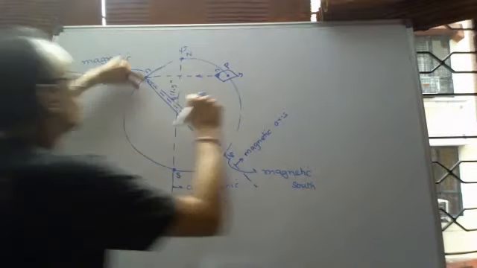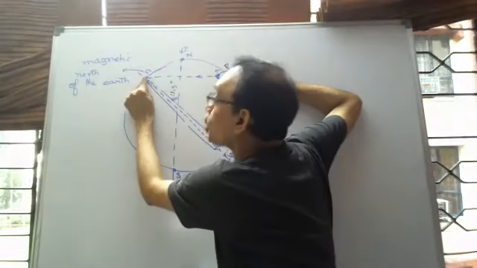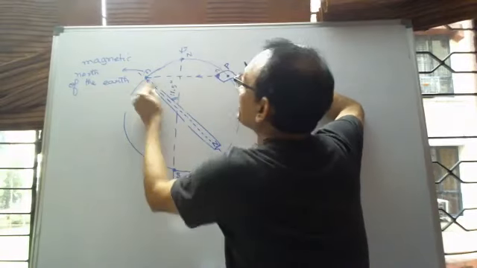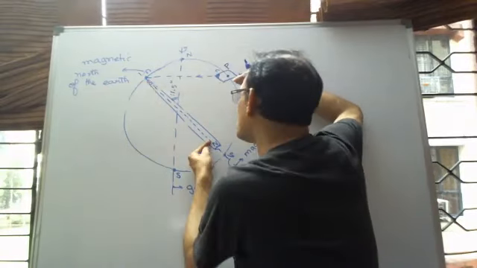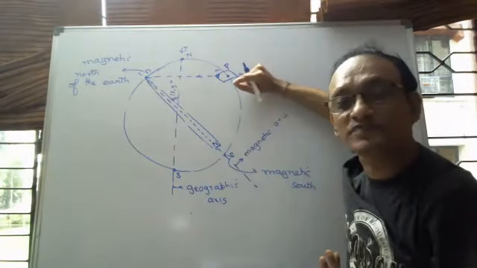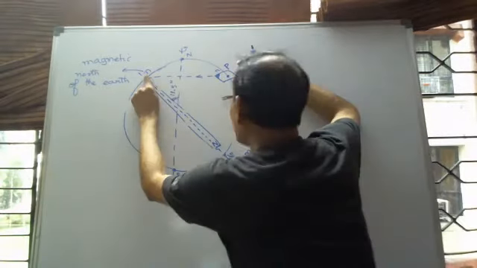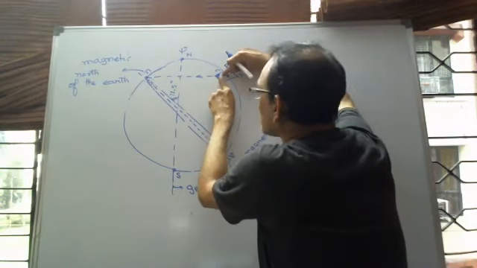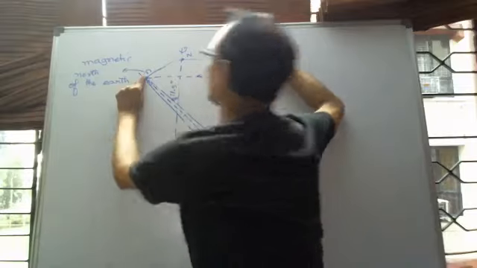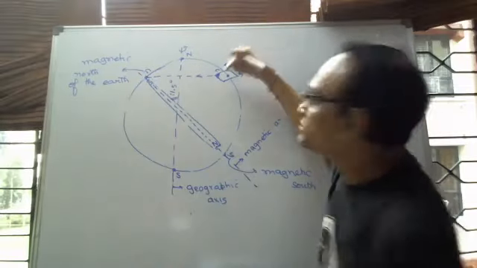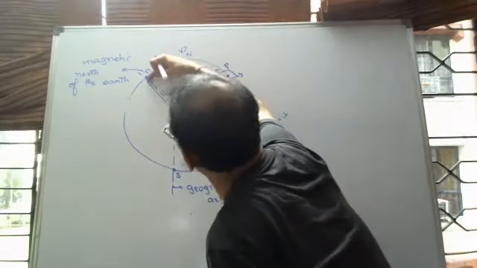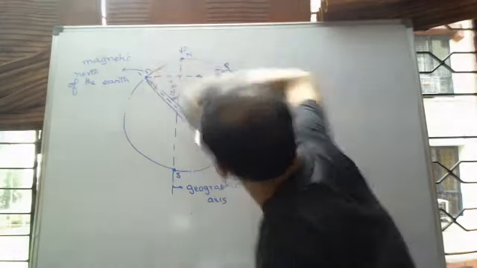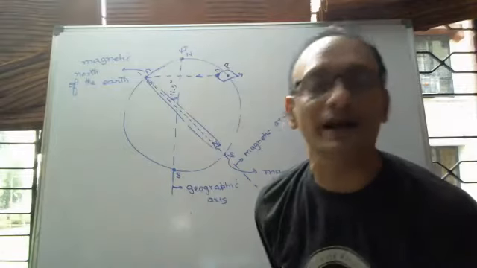However, for this bar magnet, this is the south pole and this is the north pole. The compass needle will take you to the magnetic north, which is actually coincident with the south pole of this equivalent bar magnet. Do you understand what I'm saying?